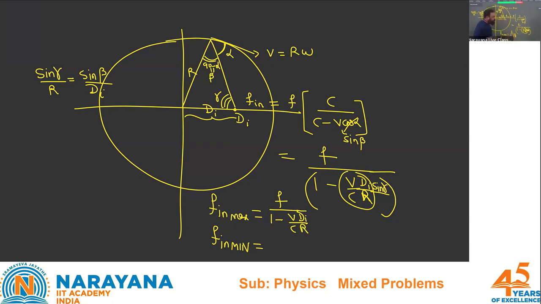Di was not known, that's why we were not able to directly tell where it is, but depending upon di, now I am in a position. And min comes out as f upon 1 plus v di by c r. Check this carefully, both max and min.